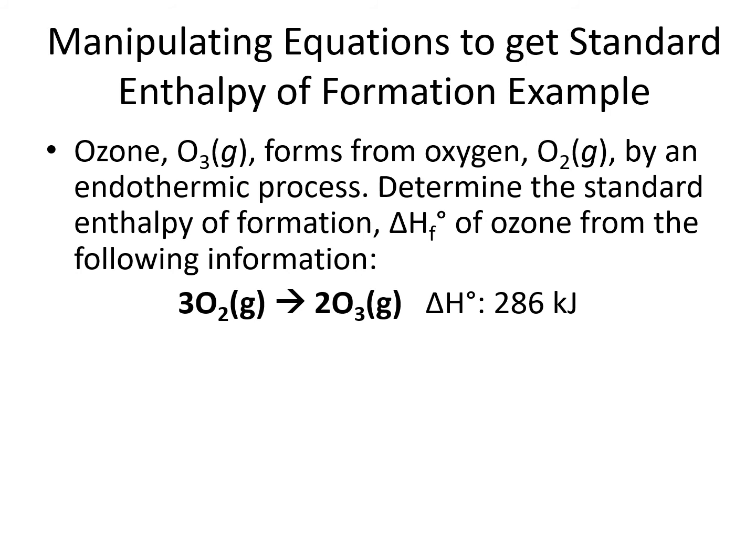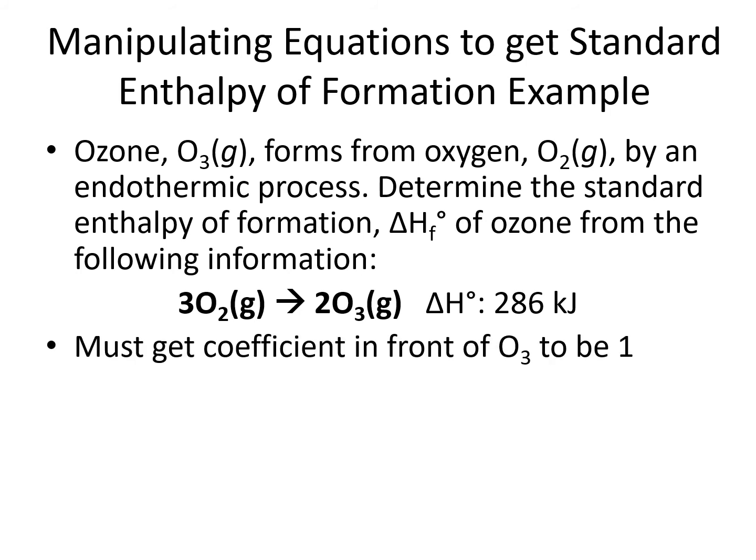And the delta H for that reaction is 286 kilojoules. What we want to find is the delta HF of ozone, the enthalpy of formation of ozone. So we need ozone to have a coefficient of 1 in front of it for it to be a true enthalpy of formation reaction equation.